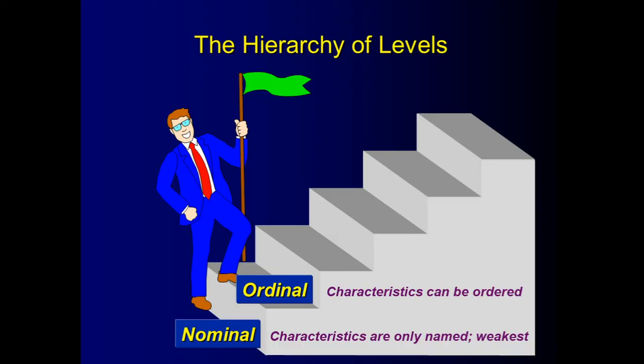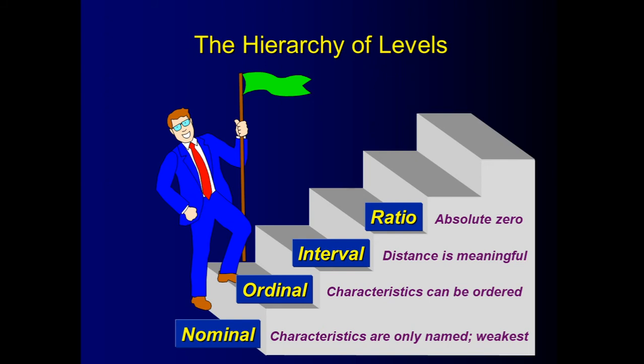In ordinal, the characteristics can be ordered, and in interval, you have an equal distance between the value characteristics, and then in ratio, there is an absolute zero. So this is the way you would know. That's why they are called levels of measurement. Ratio occupies the highest level, unlike interval, ordinal, and nominal.